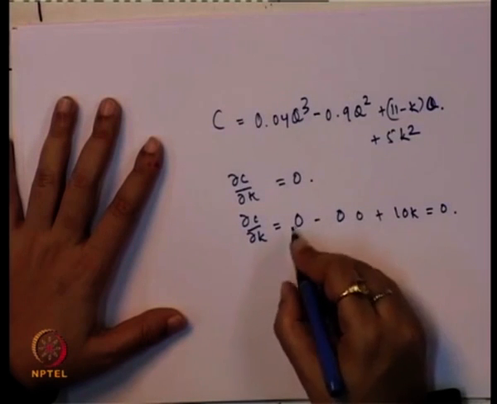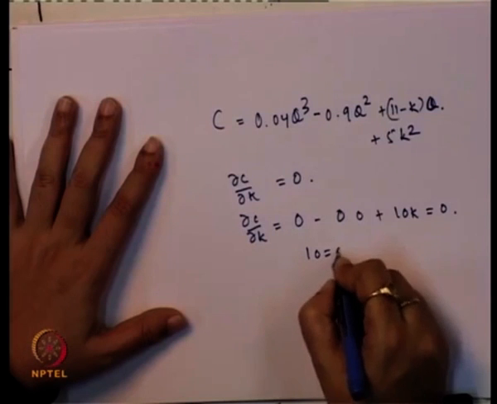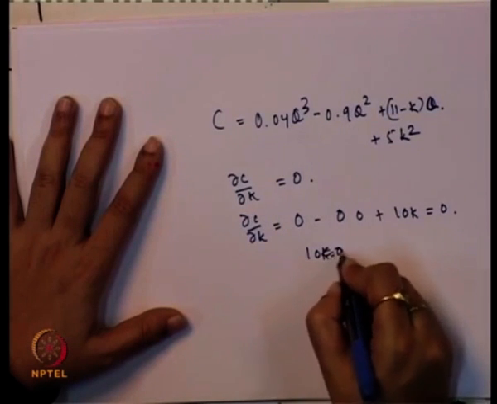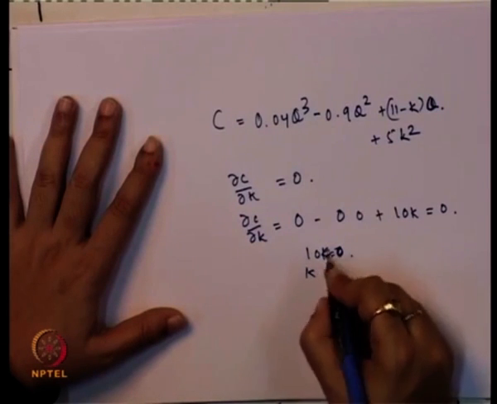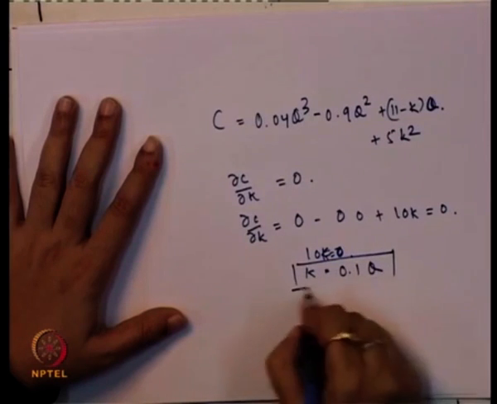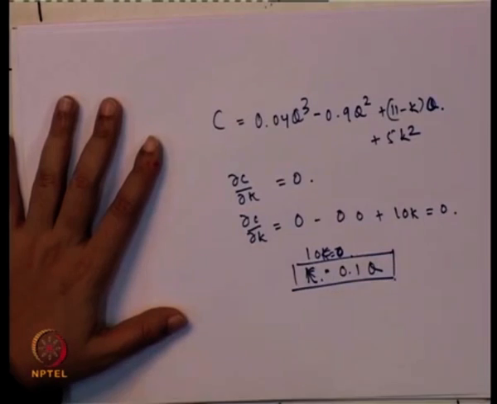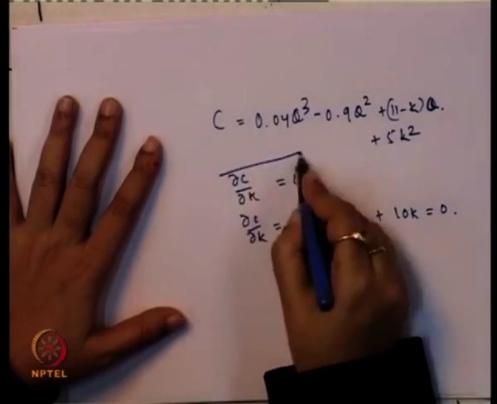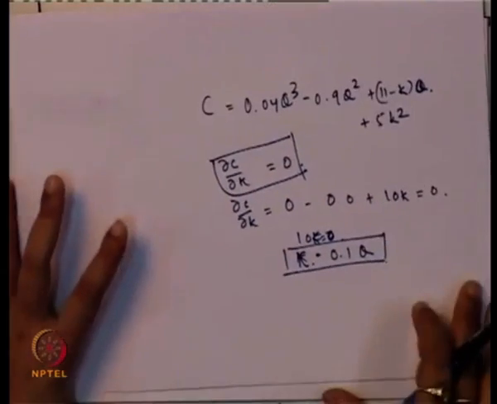So, 10k is equal to 0, and if you look at it, k is equal to 0.1q. So, from the first order condition we find that k is equal to 0.1q, and what is our first order condition? First order condition is dC/dk is equal to 0.